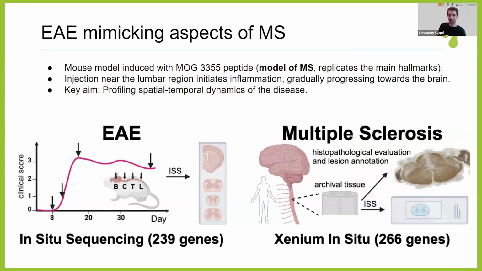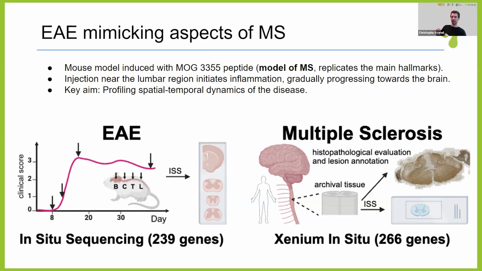But first, to give you a bit of context and understand the background, the idea here was that neuroinflammatory diseases like multiple sclerosis are really complex and quite challenging to study. So in this project, the user explored the dynamics of this neuroinflammation by using a mouse model. The idea of the mouse model was that if you administer a peptide to the mouse, it induces experimental autoimmune encephalomyelitis, EAE, here on the left.